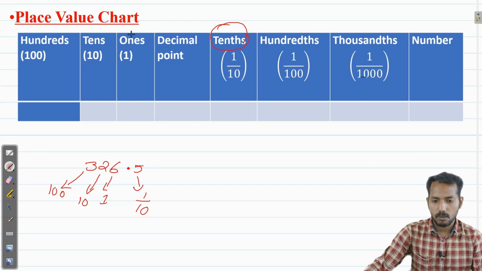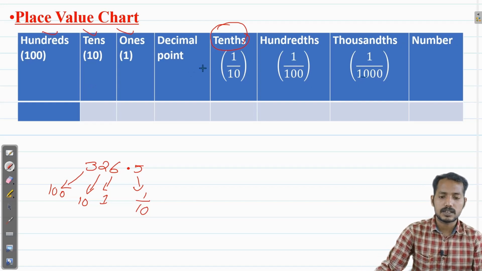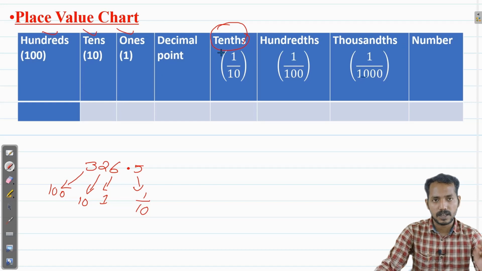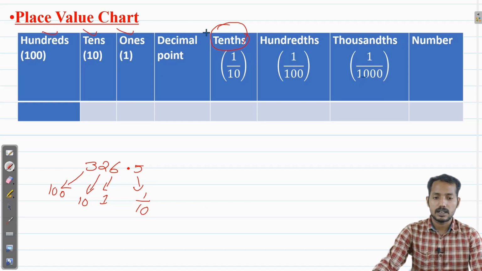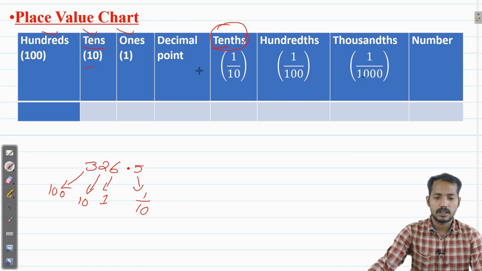Ones place, tens place, hundreds place, thousands place go towards the left. Towards the right, after the decimal point, the first value will be the tenths place. Remember the difference between tenths and tens place. Tens place means the value is 10, but here it is 1 by 10. One more digit, like 4: what will the place value be here?